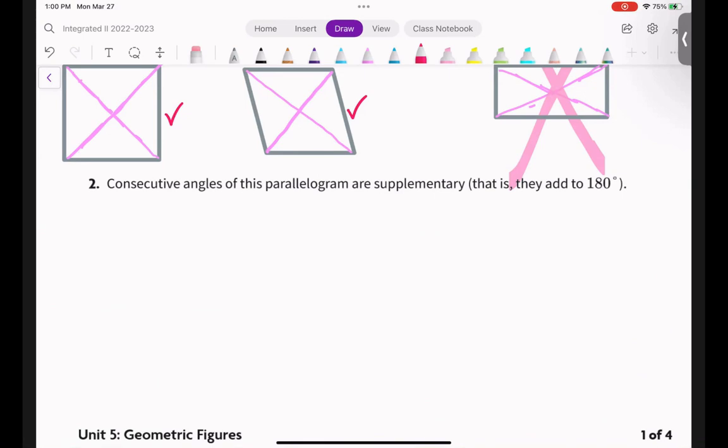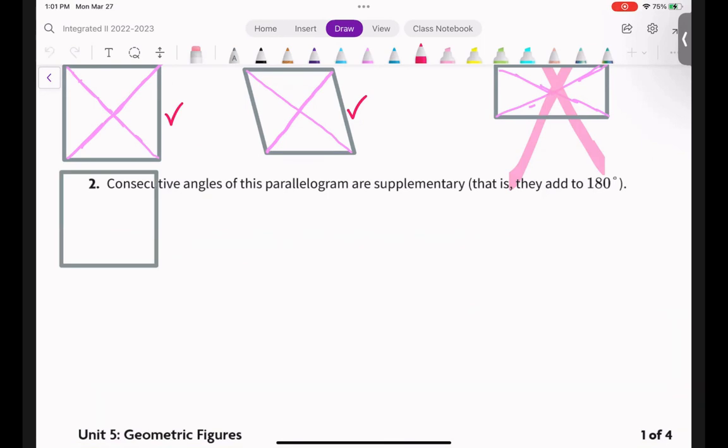It says consecutive angles. What does the word consecutive mean again? Who remembers what consecutive means again? No, in math.